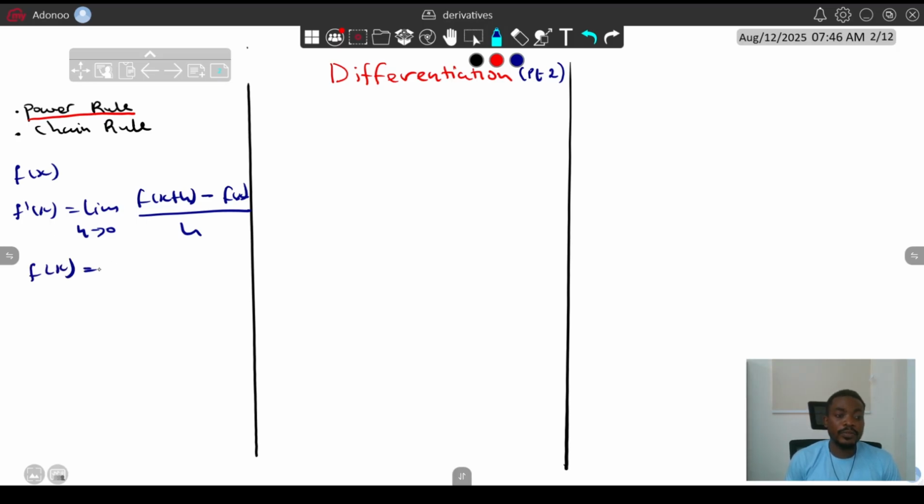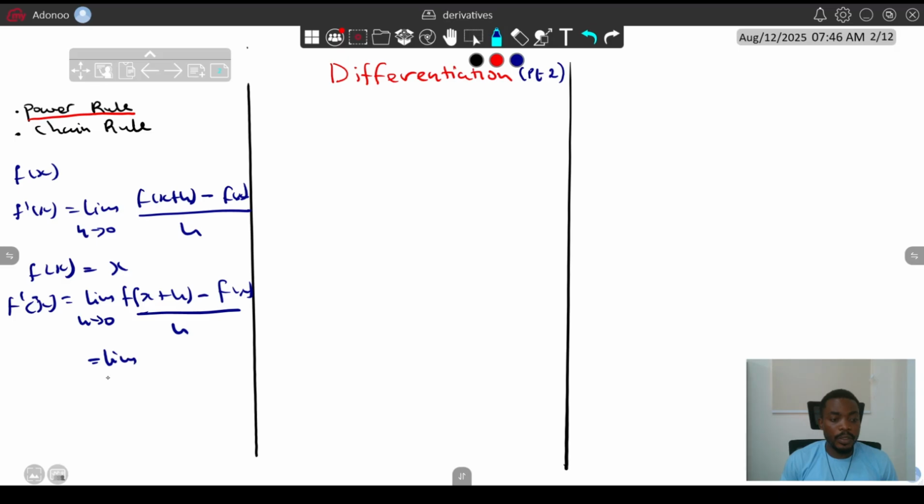So what if we are given a function, say f of x is equal to x? If it's equal to x, then everywhere we see x, we put x plus h there. So we have f prime of x equal to the limit as h approaches 0 of x plus h minus x all over h.